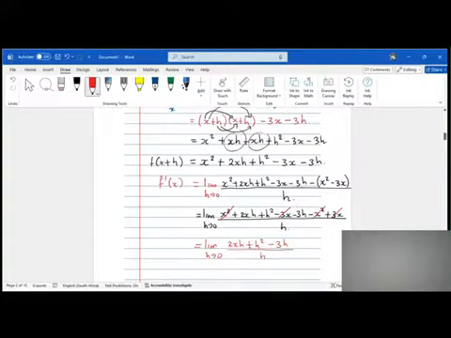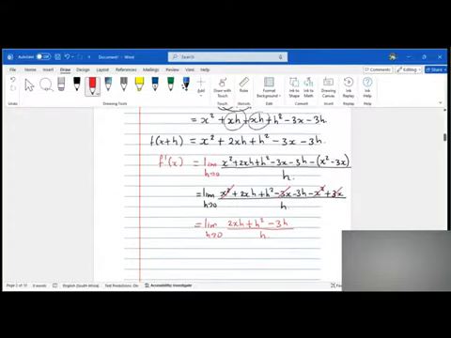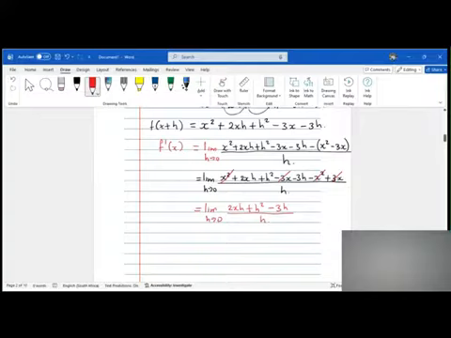Then when we are there, we can factor out the common factor h here, because we know that if we have a plus b over c, we are allowed to split this into a over c plus b over c. So we can apply that.